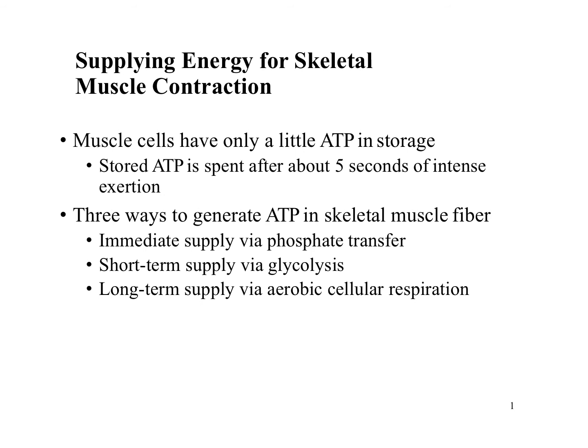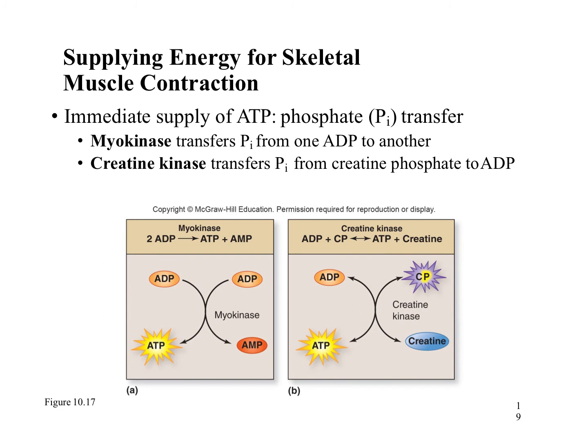Let's talk about phosphate transfer, okay? Phosphate transfer is the movement of one phosphate group off of a molecule and attaching it to an ADP, adenosine diphosphate, to make ATP, okay?